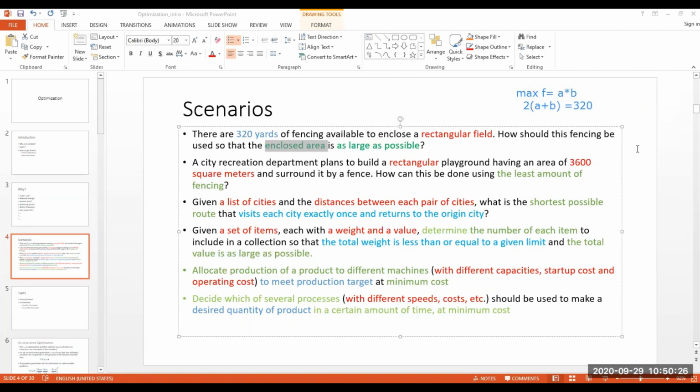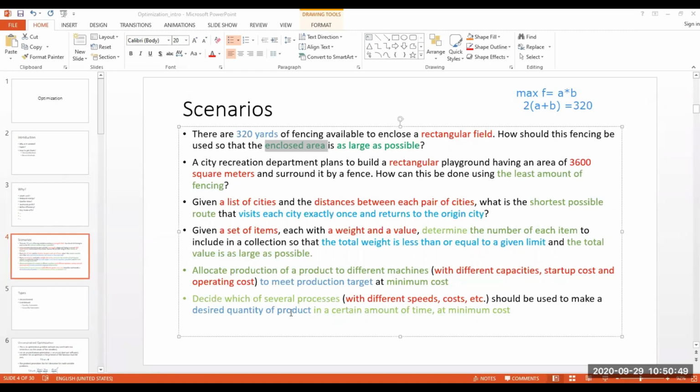So this is your problem statement, and this is how we are going to extract information, and we are going to formulate the mathematics behind the different scenarios listed here. So similarly, you can form the optimization problem here for any other statements or scenarios.